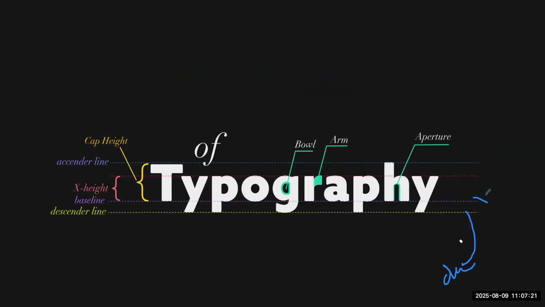This is the main thing you have to learn when we are talking about fonts. We call this area bold, these parts arms, and we call this aperture, right? So what is this? First baseline, descender line, ascender line, the X height, and cap height. Understood?